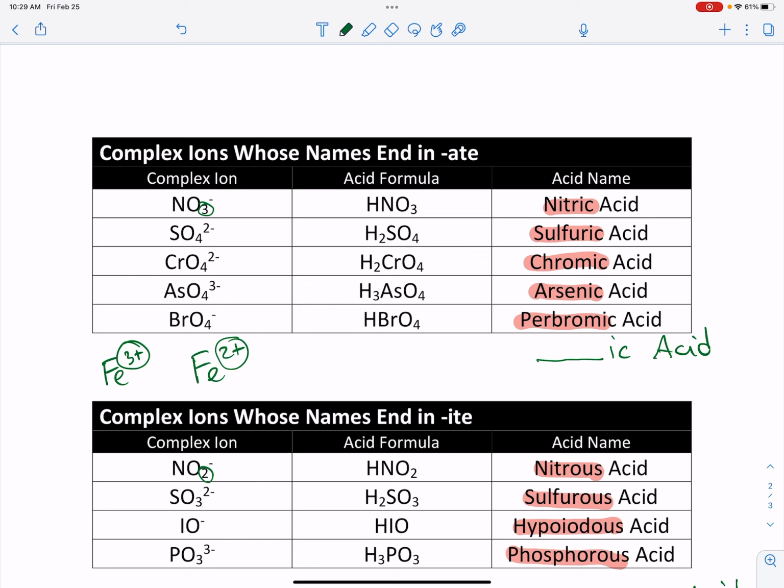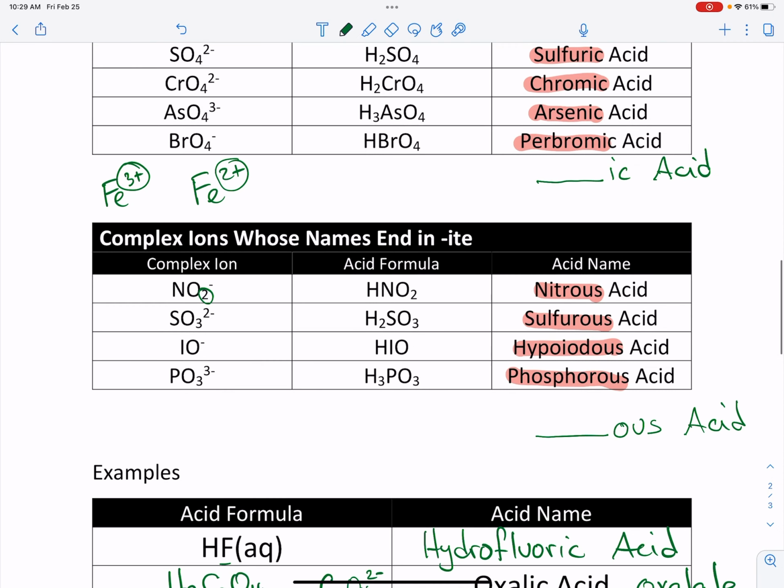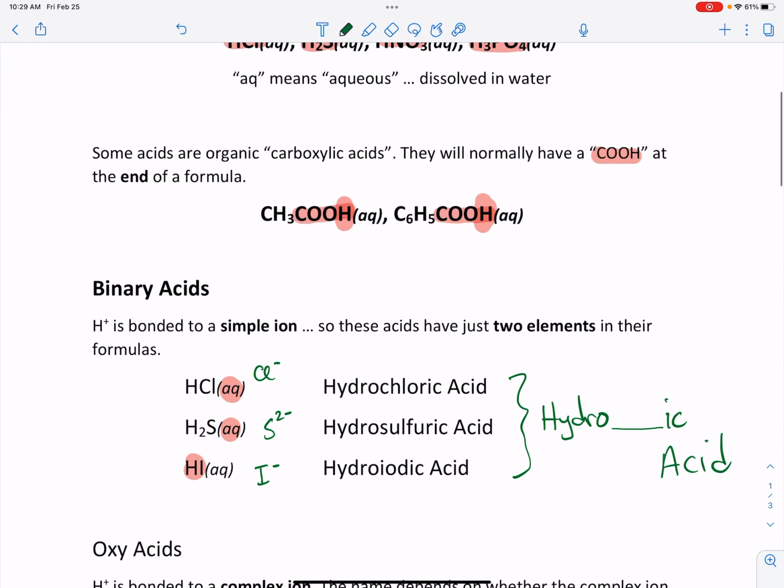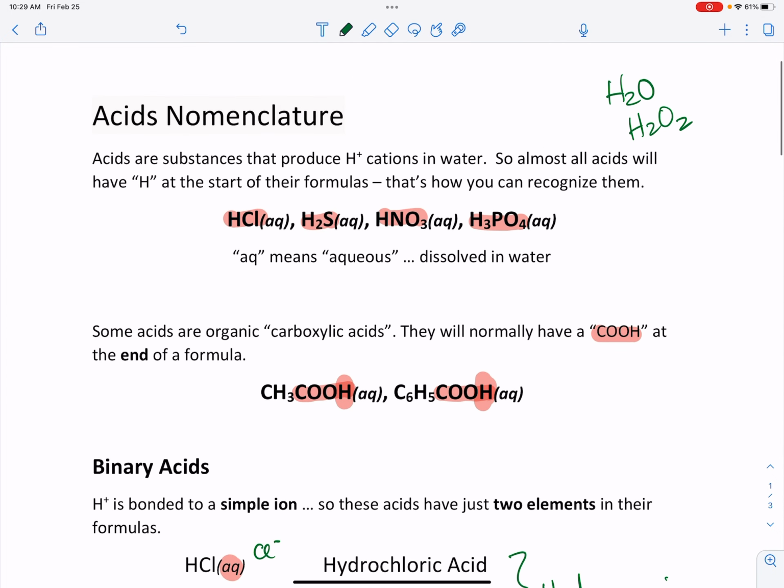So nitric acid, sulfuric acid, etc. If the complex ion name ended in ite, then the acid name has the ous suffix in it. So nitrous and sulfurous, because there were nitrite and sulfite ions in those formulas. So acid nomenclature can be a little bit tricky, but hopefully with some practice, you'll be pretty good at it soon.